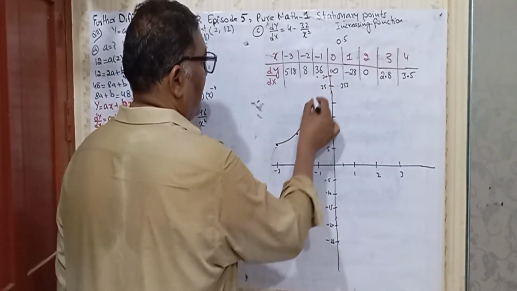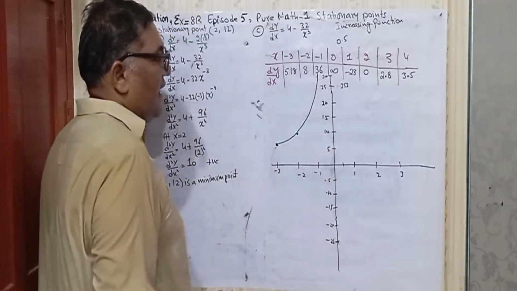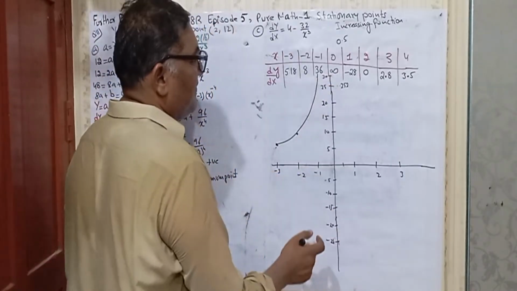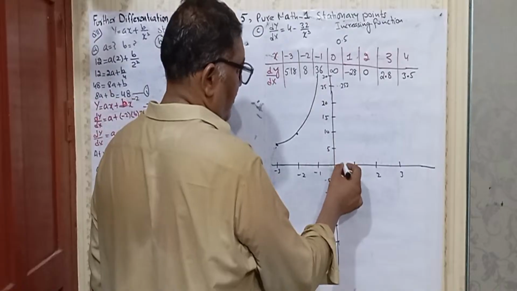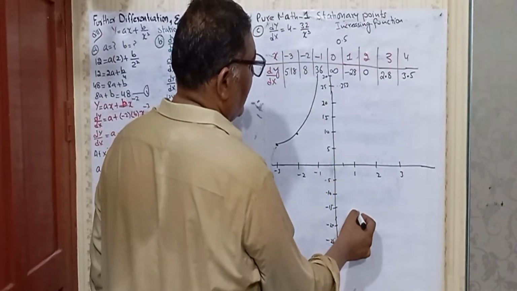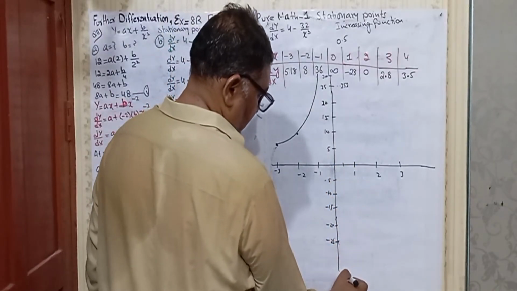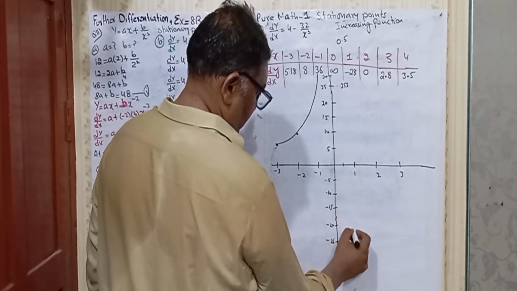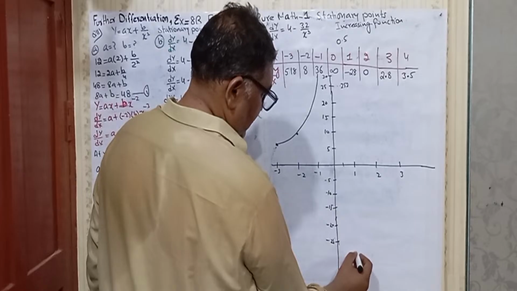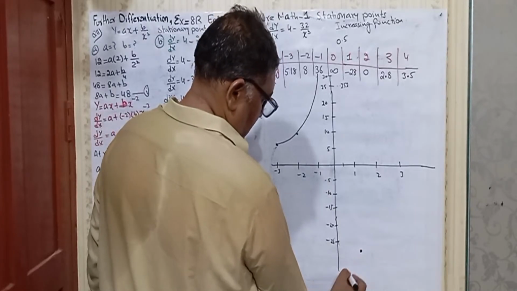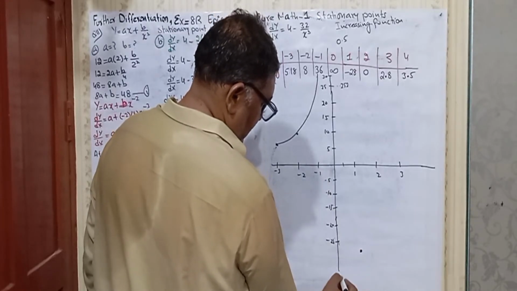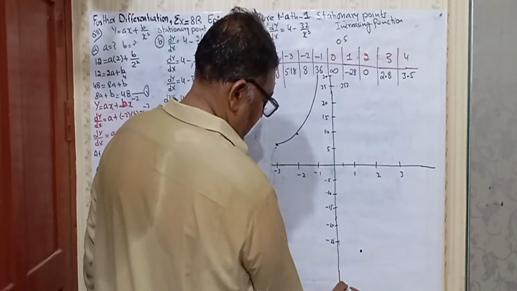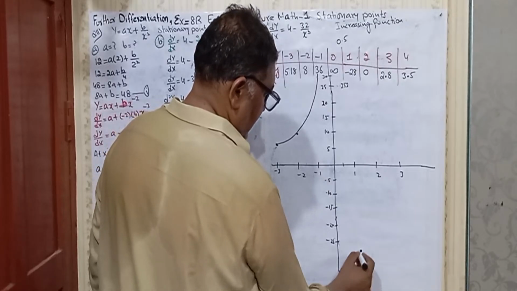So this graph will go like this. At 0 the graph is infinite. At 1 you will have -28, so from here the graph will come to -28, which is going to be here somewhere. So this is infinite, and the graph is coming like this.